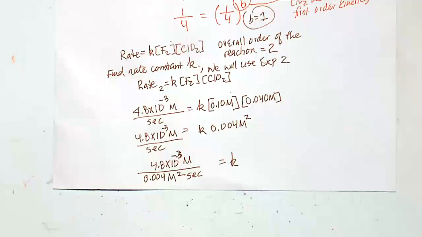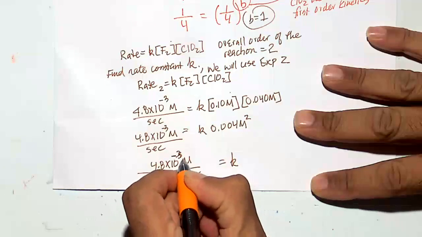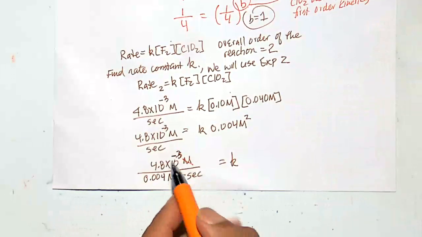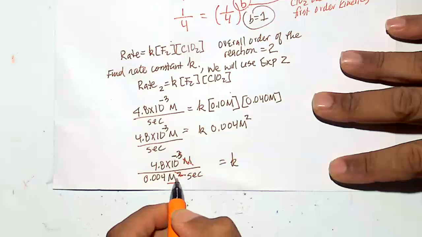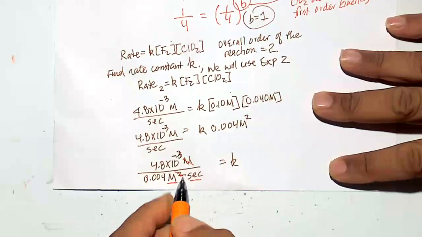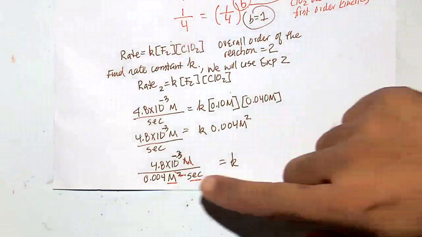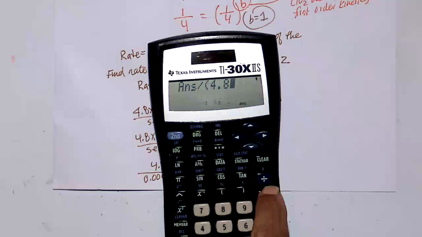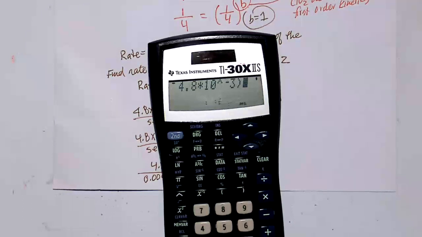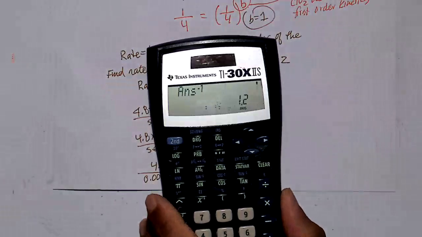We have to cancel some units, because the units of k are going to vary. One of these M's will cancel out with one of these M's, just giving us molar in the denominator and seconds in the denominator. So what's 4.8 times 10 to the minus 3 divided by 0.004? 1.2?